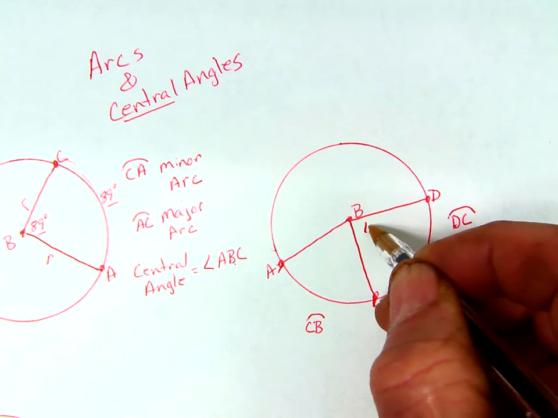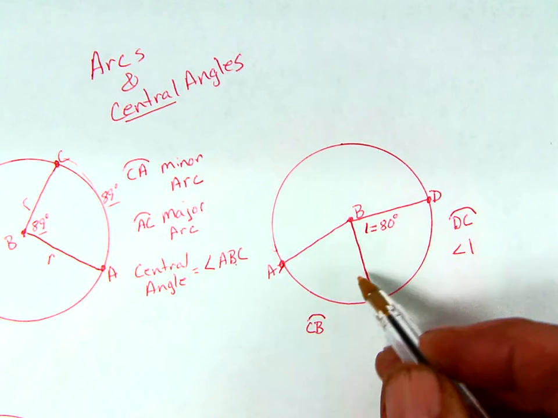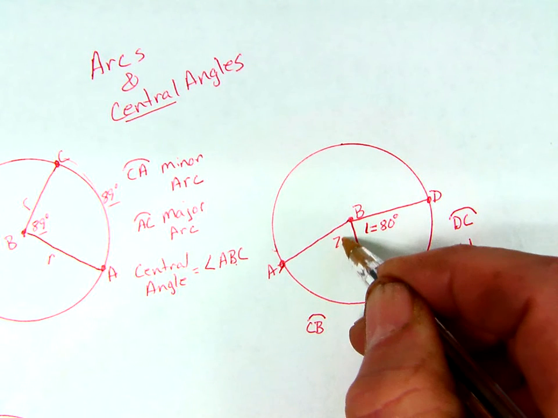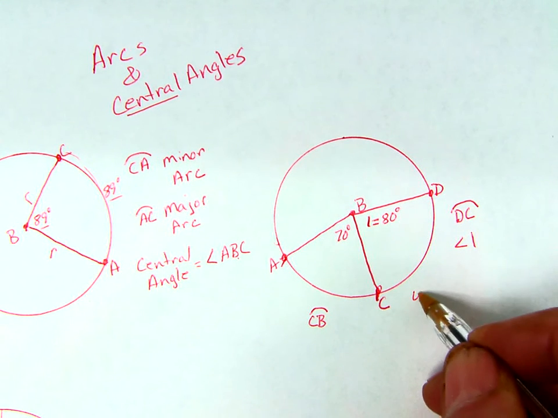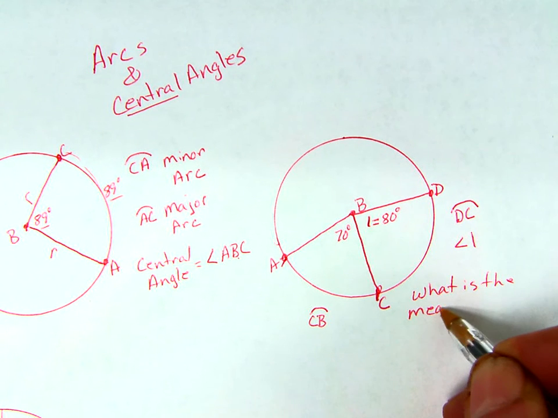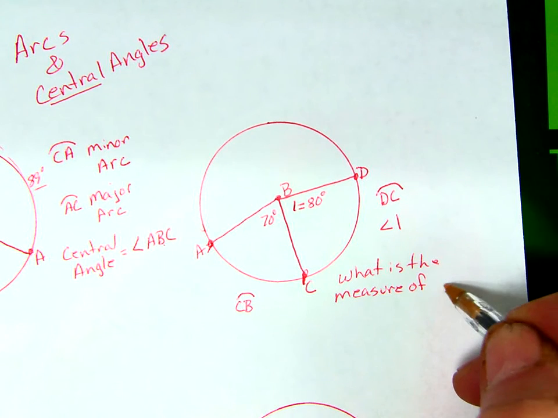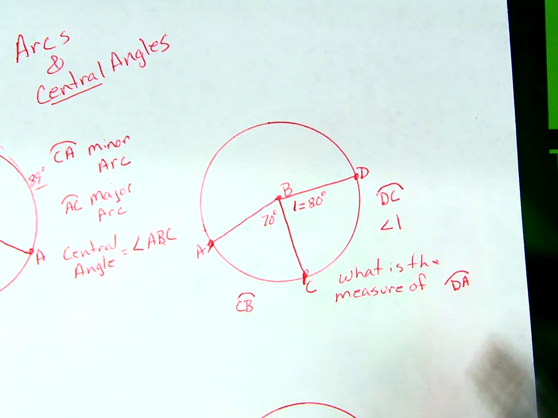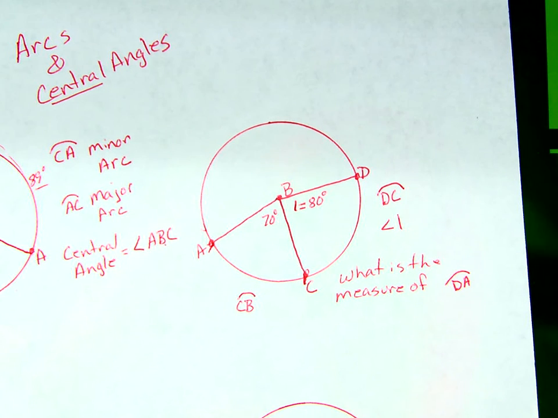For example, if angle 1 equaled 80 degrees and angle ABC equaled 70 degrees, and the question was, what is the measure of arc DA? So starting at D, going clockwise to A, what is the measure?